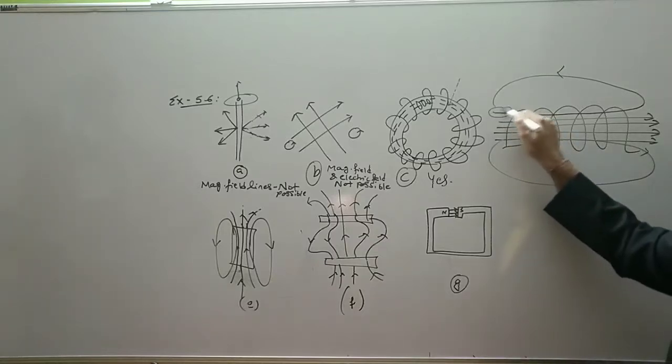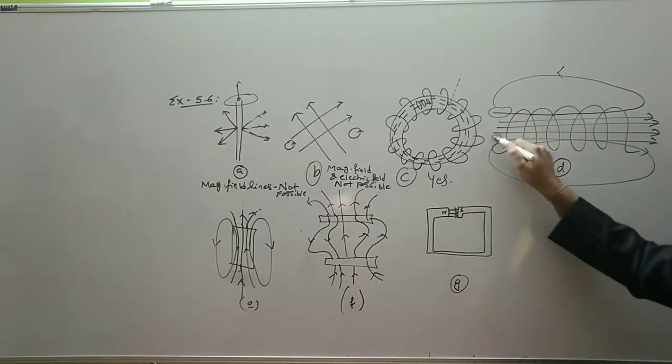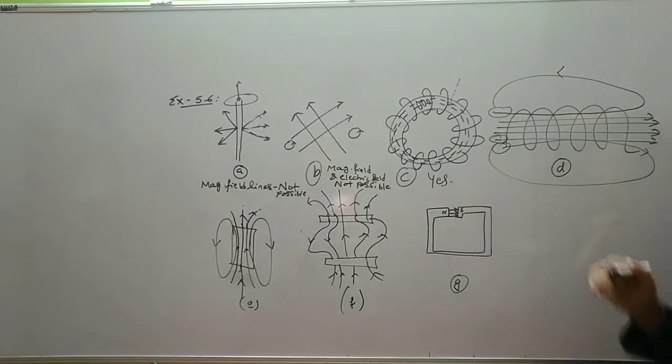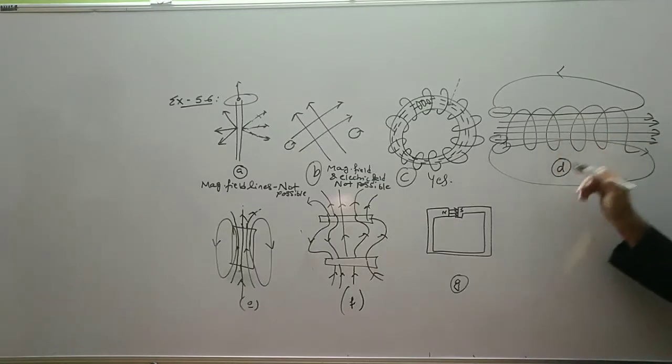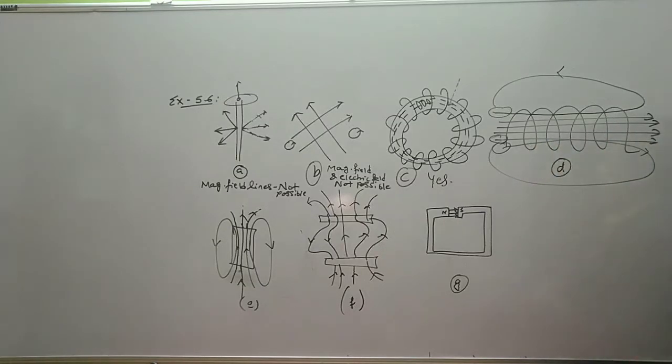So these field lines on the edges cannot be completely straight, which indicates that it will not form a closed loop. So it violates the Gauss law for magnetism, which says that if I consider any closed surface, the magnetic flux linked should be 0. So not possible. Magnetic field line is not possible.